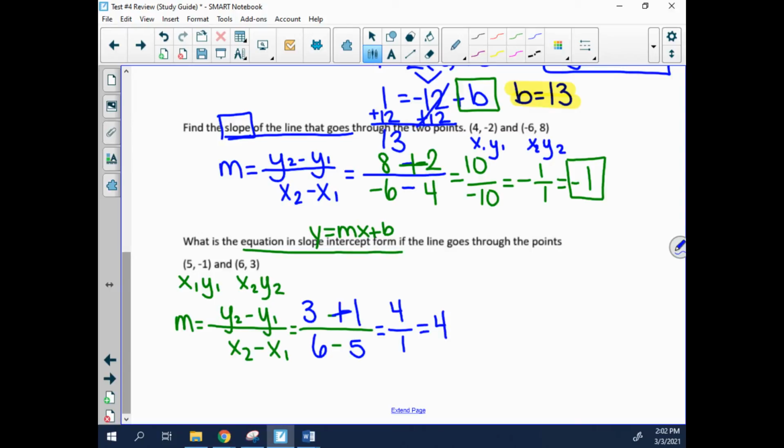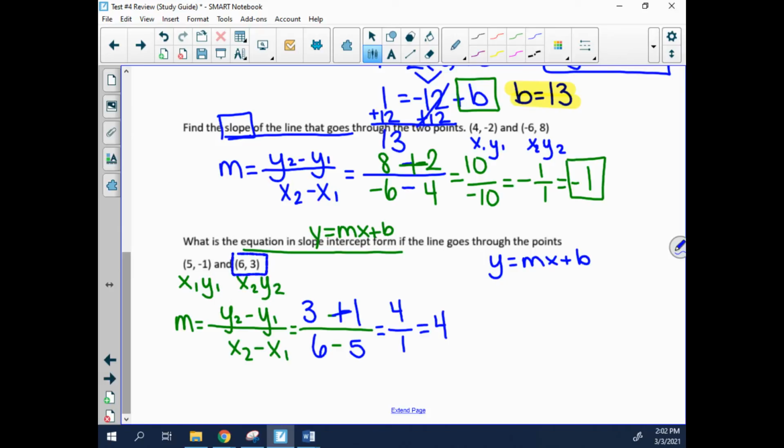Now that we know our m, we need to pick a point that we're going to use, because we're going to plug into y equals mx plus b. So what am I going to use for y? We would pick a specific point. You can either pick the x1, y1 or x2, y2.